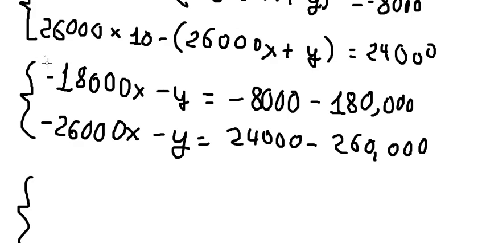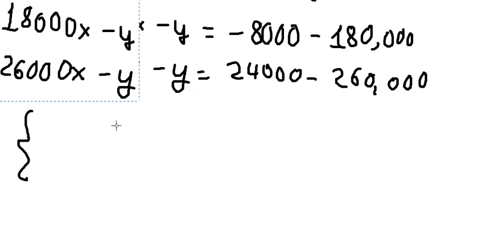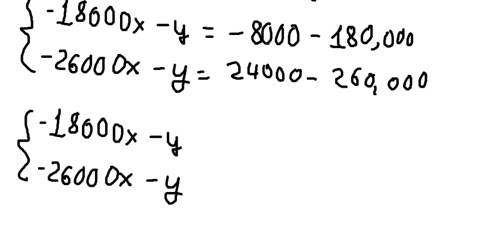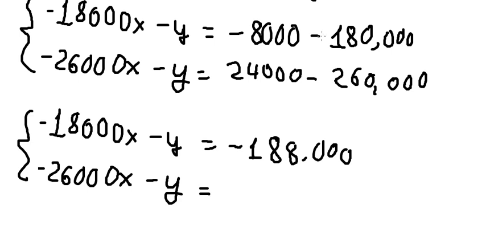So we put this one go on here, and this one we have negative 188,000. And this one we have negative 236,000.